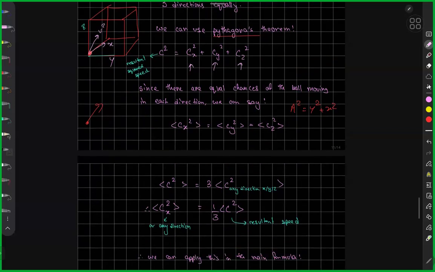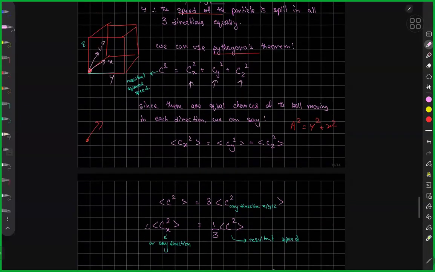So now the resultant speed square is simply 3 times the speed square in any direction. How did I come to this? If you're confused about this, all I'm saying, my friend, is if Cx is equal to Cy is equal to Cz, can I simply write this equation as C square is equal to Cx square plus Cy square plus Cz square?